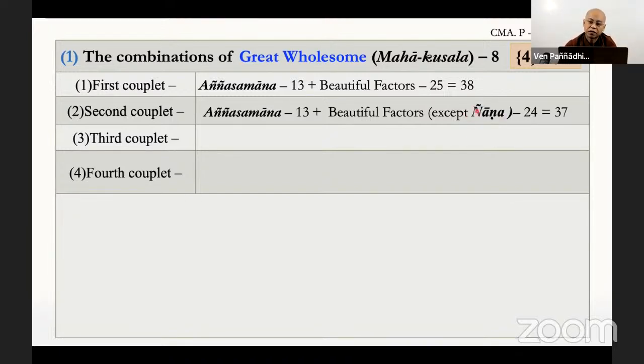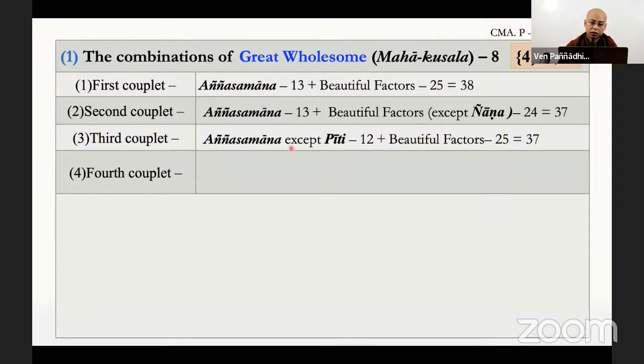What does nana mean? Do you know what nana means? Wisdom faculty, a cetasika. That is the Pannindriya cetasika. So except Pannindriya cetasika, 24 beautiful, so altogether 37. And for the third couplet, how many? 37, because there's no piti, but there is nana. So in the beautiful factors there's no exception, because this becomes Nana Sampayutta again.